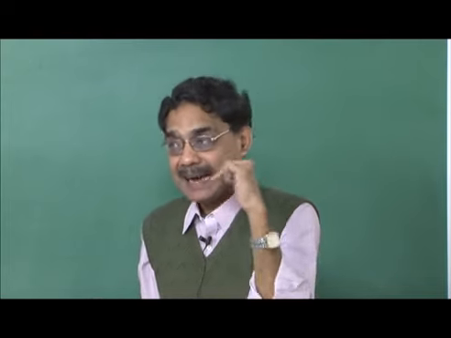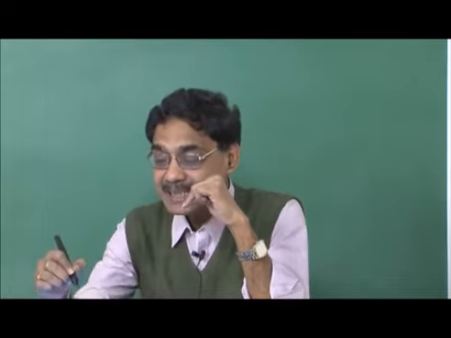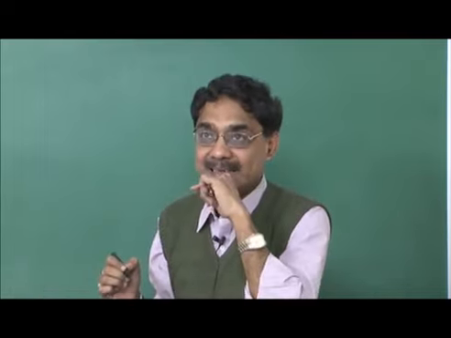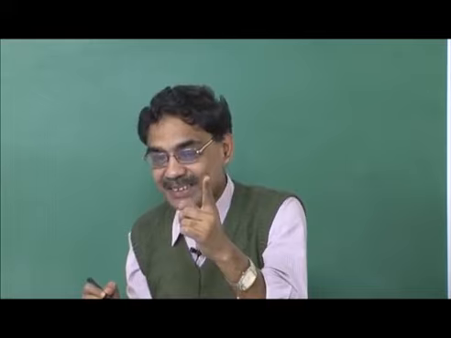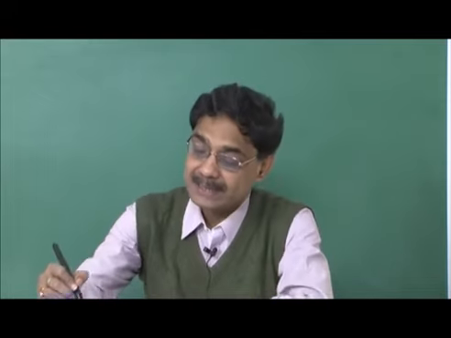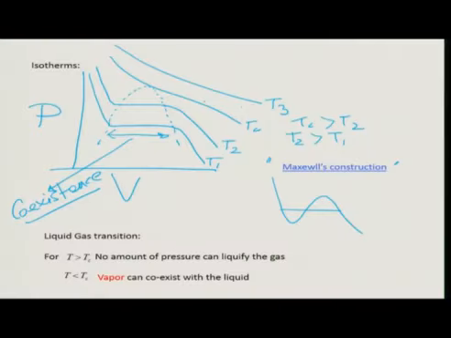Vapor is the gas below this critical temperature Tc, as I repeatedly mentioned. Above the critical temperature Tc, which is this T3, remember, I am plotting isotherms, P as a function of V for different temperatures. So, if I look at the isotherm at the temperature T3, which is higher than Tc, no amount of pressure can liquefy the gas.